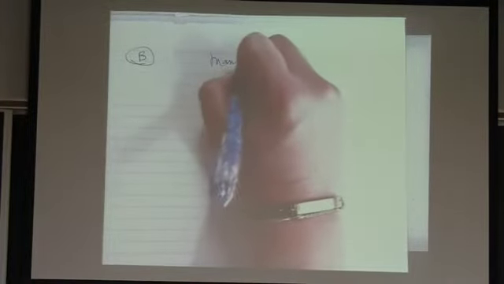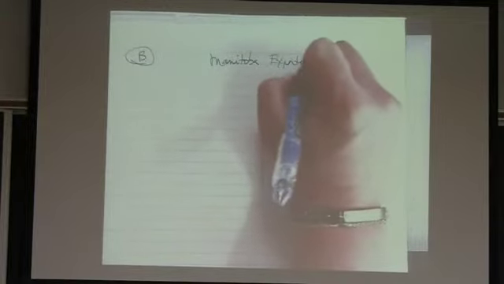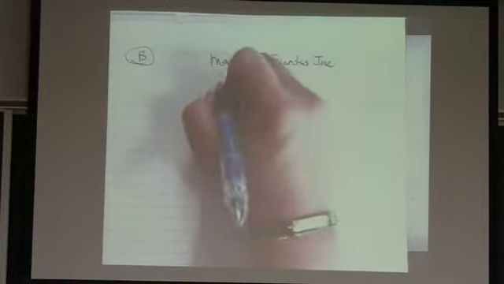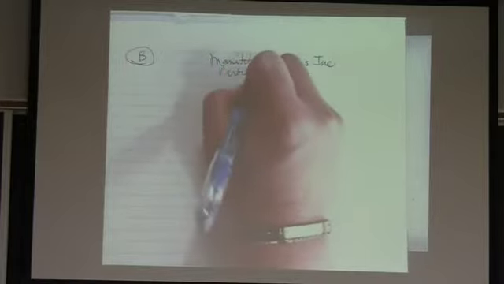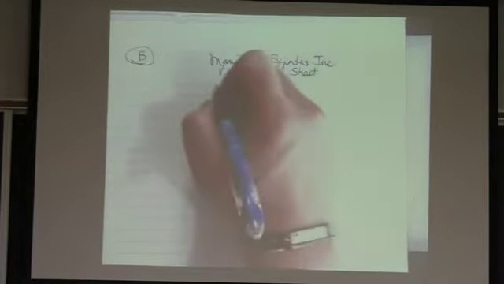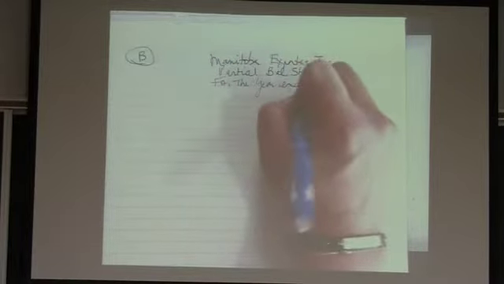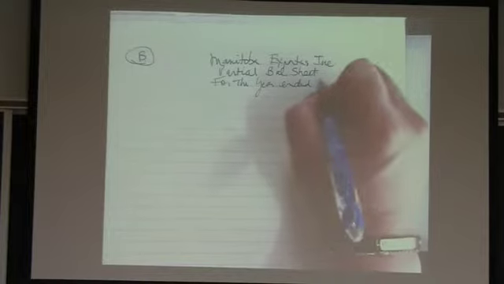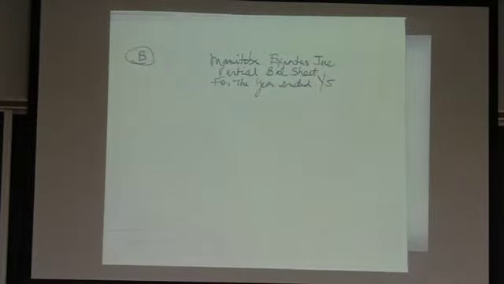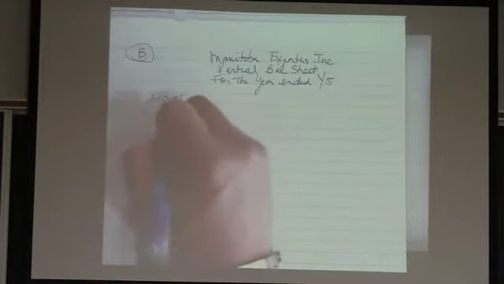So we're going to write down the headings: Manitoba Exporters Inc., Partial balance sheet for the year ended year 5. So we're going to have, under the assets, AR.